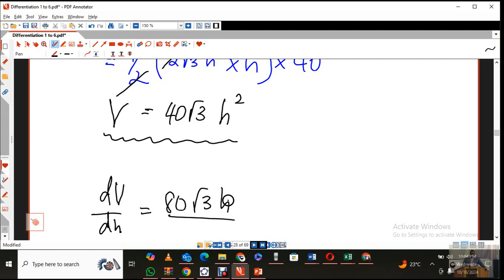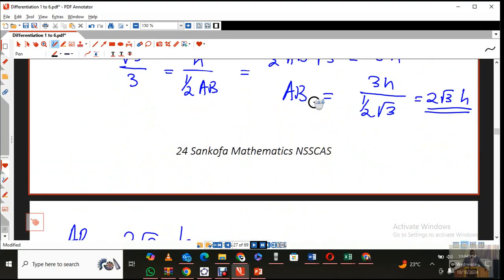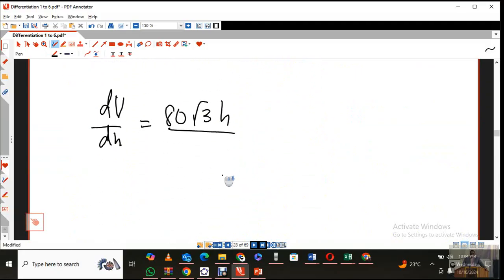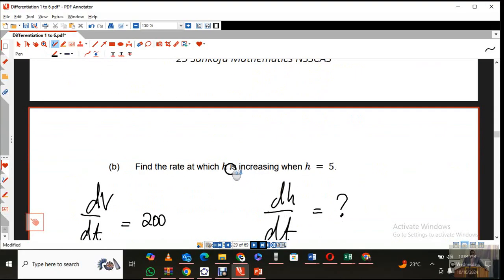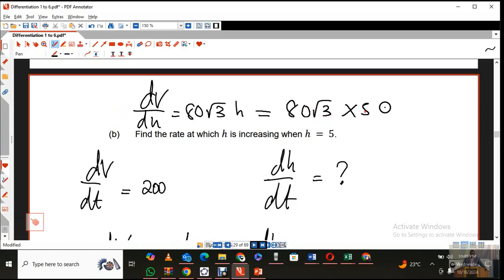But then they're also saying, because we're not totally done with this question, I'm going to bring that down. They're giving us a value of h. So dV/dh, which was 80 root 3h, and then they are saying h is replaced by 5.